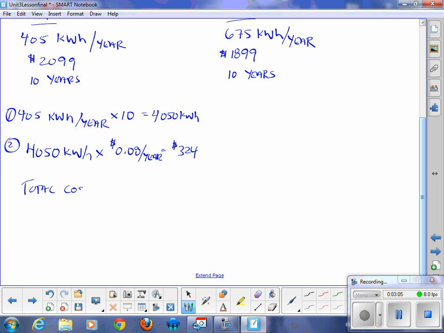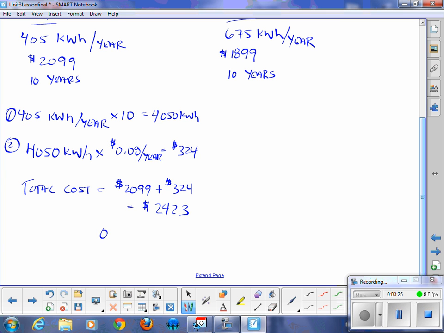So for the total cost of the appliance, you have to pay $2,099 today, and over the next 10 years, $324. That comes out to a total cost of $2,423.